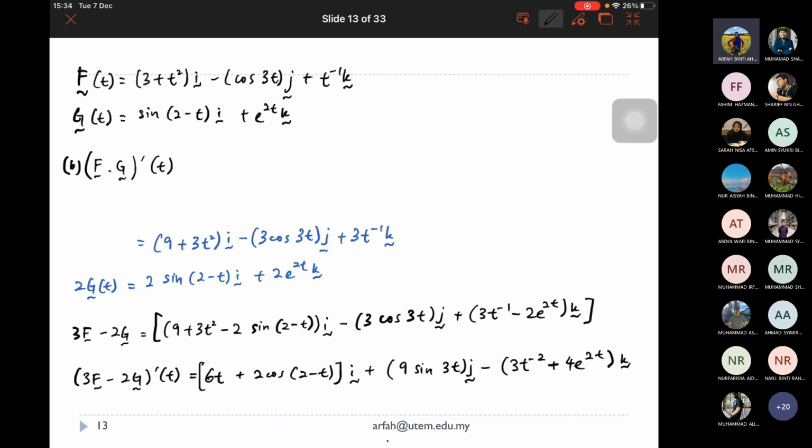So kalau awak tengok yang kita dah belajar tadi, dia adalah dot product rule. Yang ini boleh gunakan dot product rule. Mana dia akan sama dengan F prime T dot G T tambah dengan F T dot G prime T.